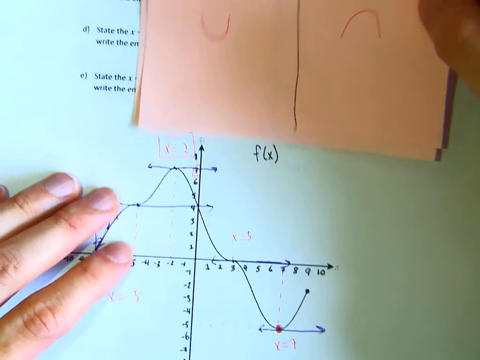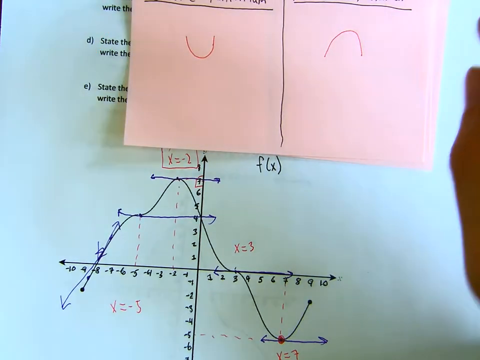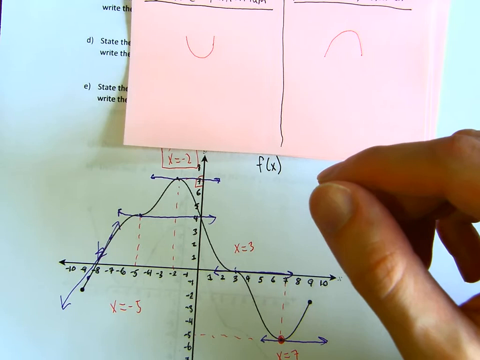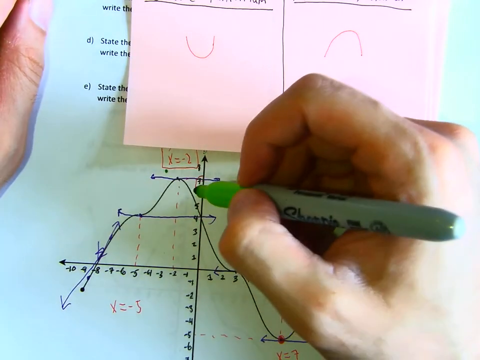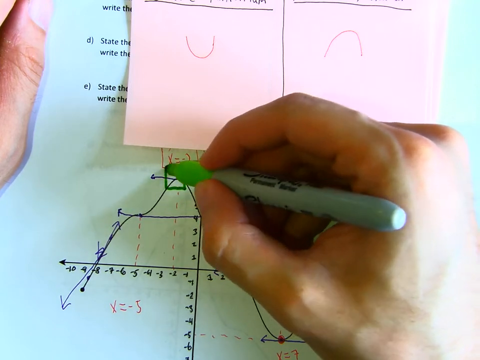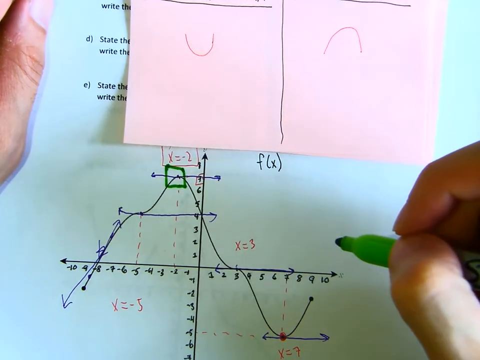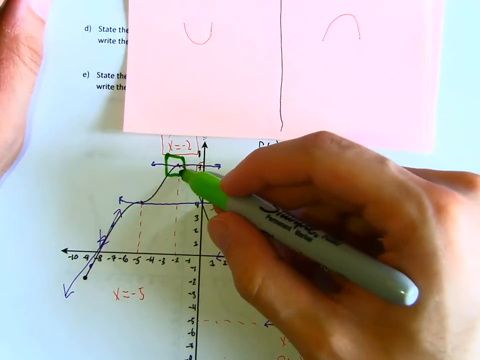Where are the relative maxima? Let me get my pen. This would be a relative max and an absolute max, and that's it. It would just be this point.